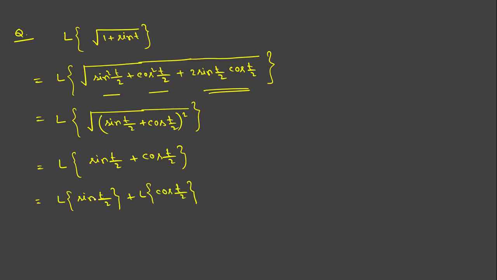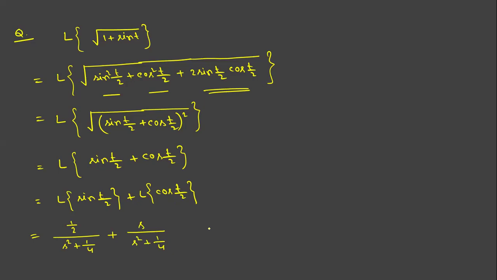Okay, and what is the formula of sine at? Here a is equal to half, no? So you will get half by s square plus 1 by 4. Similarly, here a is equal to half, so s by s square plus 1 by 4.